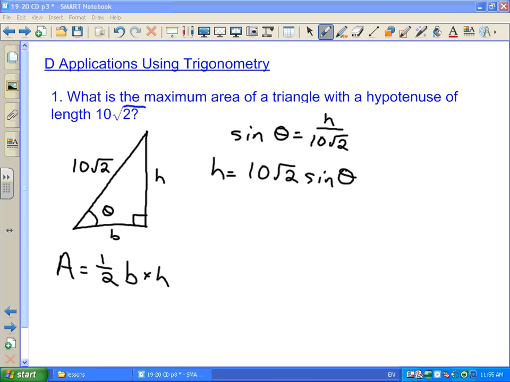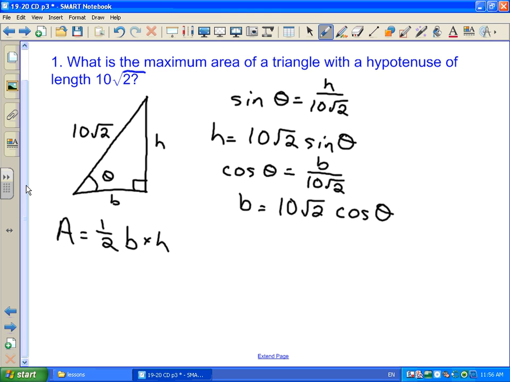To get our expression for B, we can look at this triangle again and say, okay, the cosine of theta is adjacent over hypotenuse, so that's going to be B over 10 root 2. So B is just going to be 10 root 2 times cosine of theta. Let's fix that a little bit. Cosine of theta. And we can sub those two expressions into our area formula.